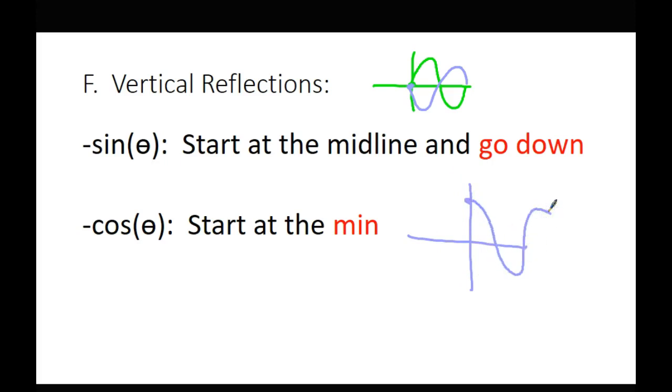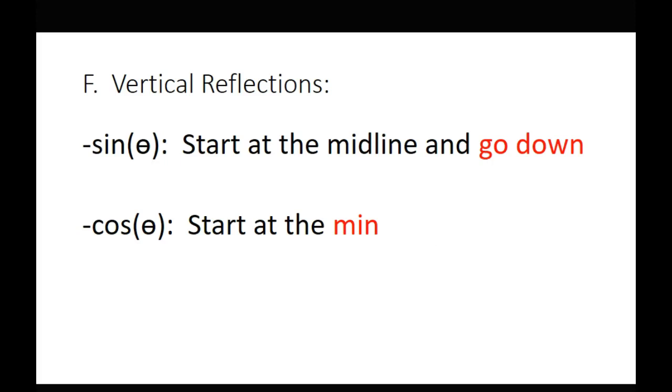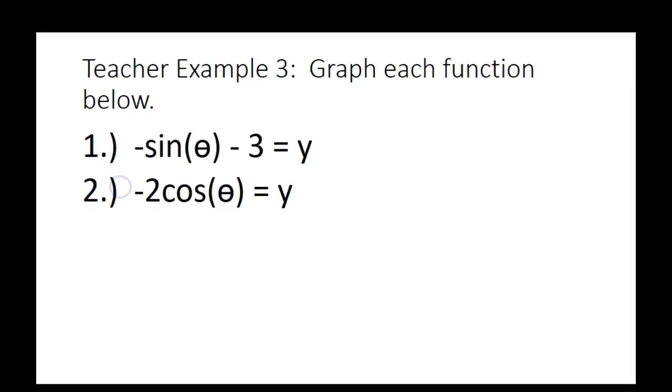But if I put a negative in the front and that flips it, that means I'm going to start where? At the minimum value, and I'm going to go up. Okay? So, if you have a negative in front, for sine, midline go down. For cosine, start at the min. All right? That's the only difference. The reason it does that is because it's a reflection.